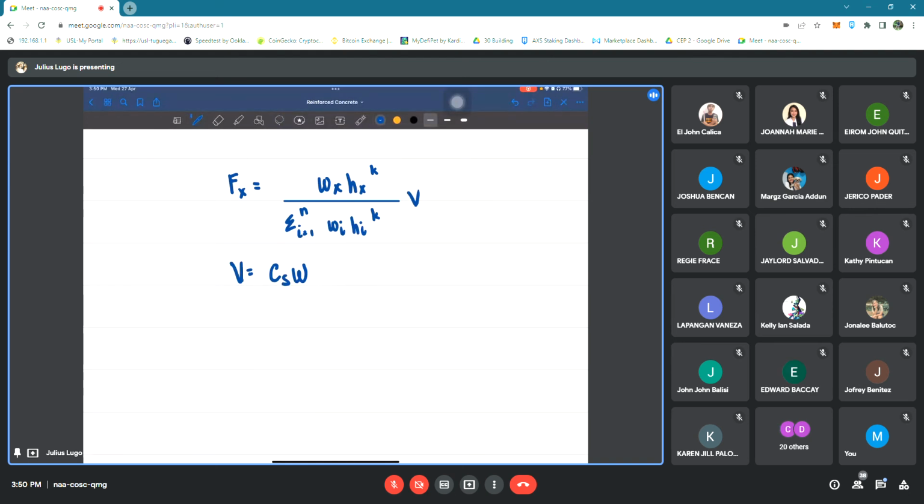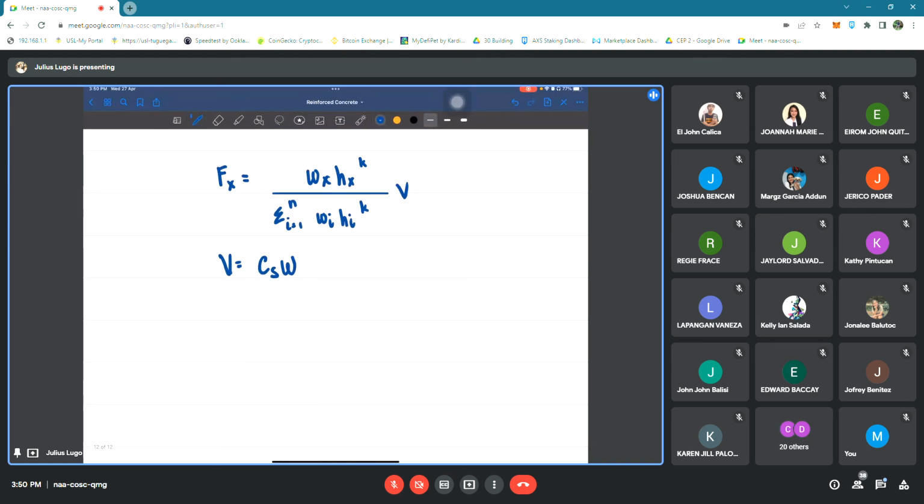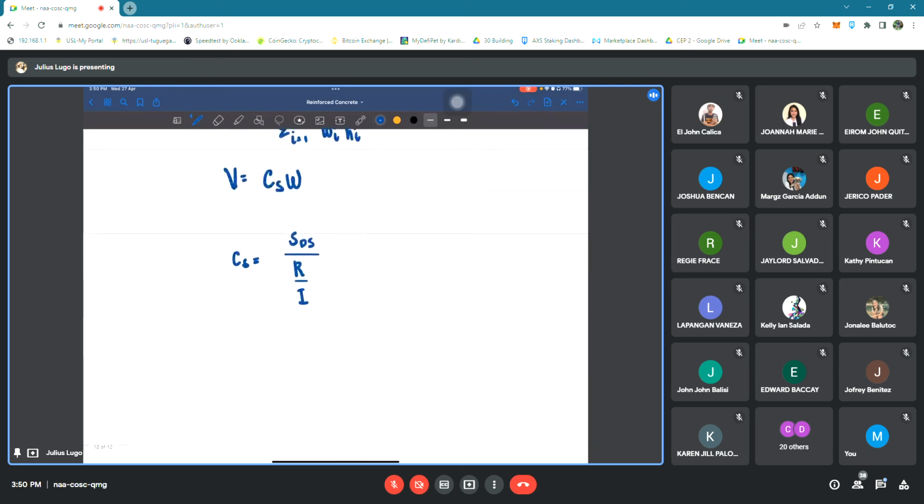So we have three different formula for the CS. The first formula for the CS is equal to SDS all over R all over your importance factor. Okay. So second formula for the CS is equal to, what's the second formula for the CS?